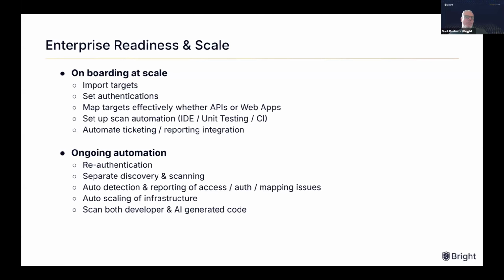The ability to separate discovery from scanning. I mentioned that as an important component when we look at the deployment for developers, but it's important throughout the software development lifecycle. If you can pre-map and pre-discover, all your scanning will happen much faster, and you'll be able to fit it into different windows.